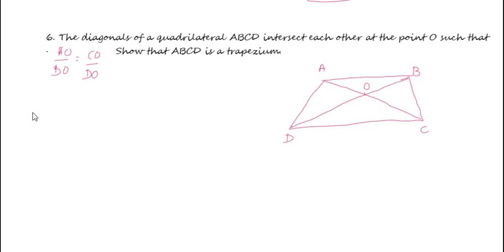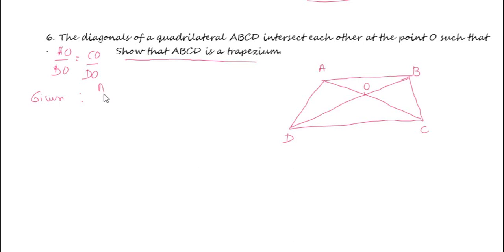Last problem in this module, problem number 6. The diagonals of a quadrilateral ABCD intersect each other at point O such that AO by BO is equal to CO by DO. Show that ABCD is a trapezium. Now what is given?